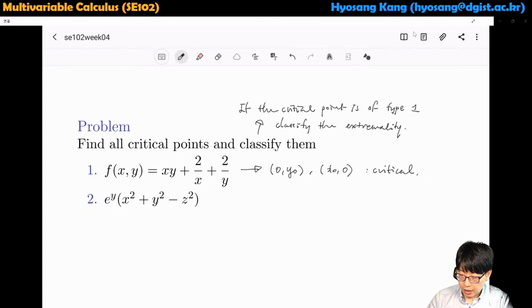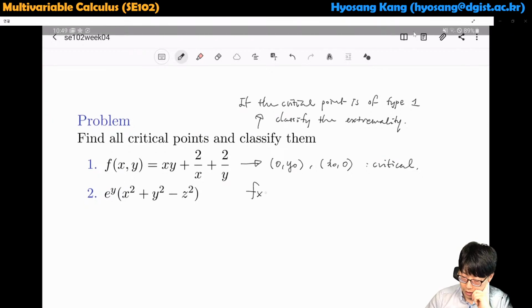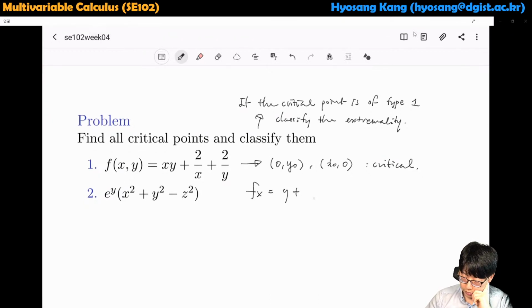So let's find a point which does not contain 0 as a coordinate, but where fx, which is y plus x minus x squared 2, and fy, which equals x y squared 2, become all 0.